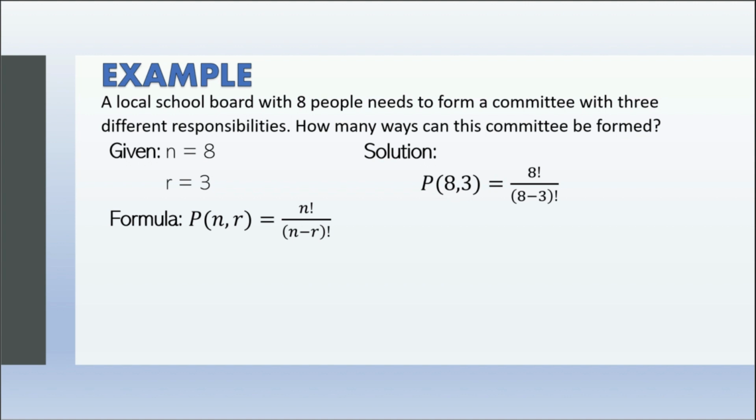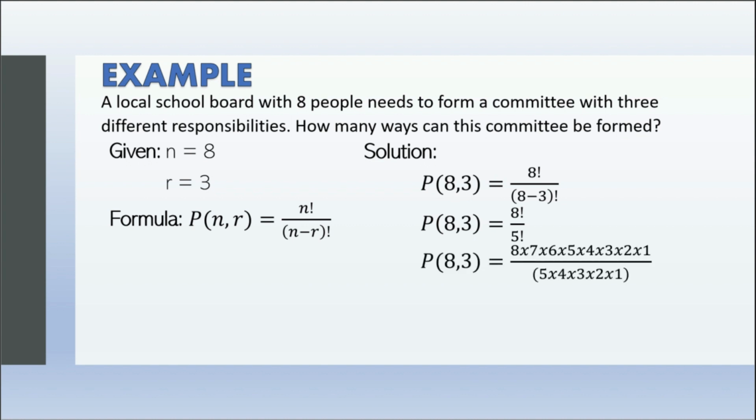8 minus 3 is 5, and 8 factorial means 8 times 7 times 6 times 5 times 4 times 3 times 2 times 1. While 5 factorial means 5 times 4 times 3 times 2 times 1. And as you can see, we have similar terms which we can eliminate.